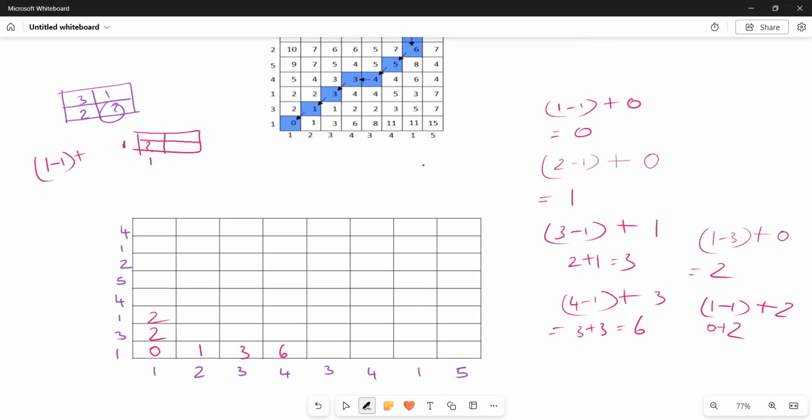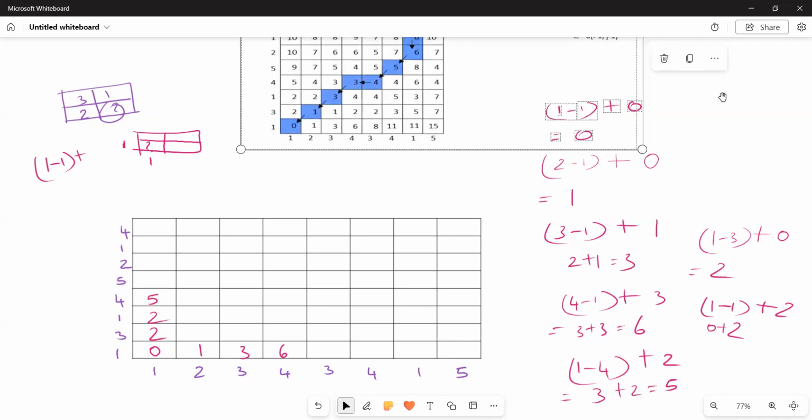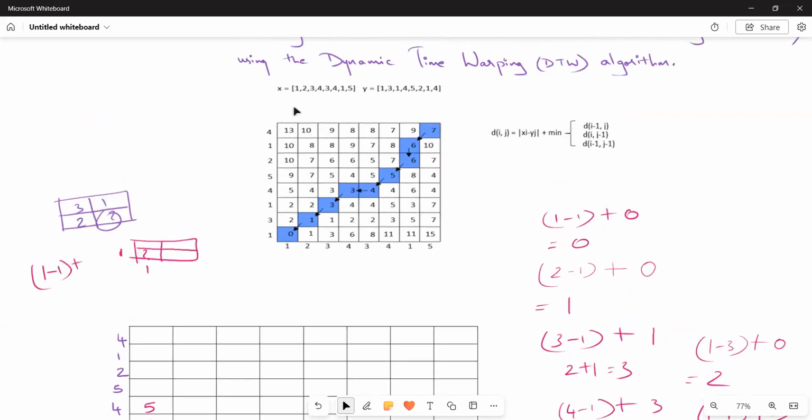And then coming to your next required value, you have 4 minus 1, 3, right? And then you take up the similar way, the value that you get is 2. So your 3 plus 2 becomes 5. Okay, so you keep repeating the same throughout the matrix, throughout your columns and rows, and your table will be filled this way. Okay, this is how your table will be filled.